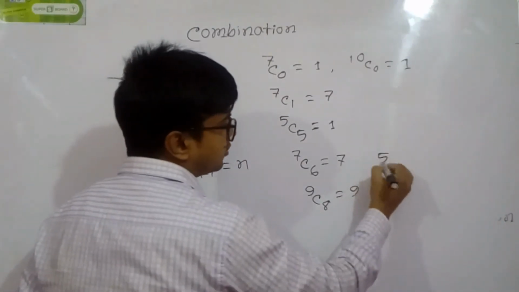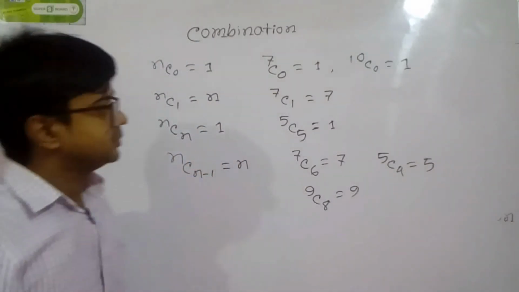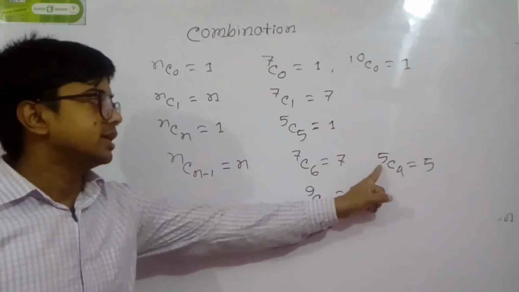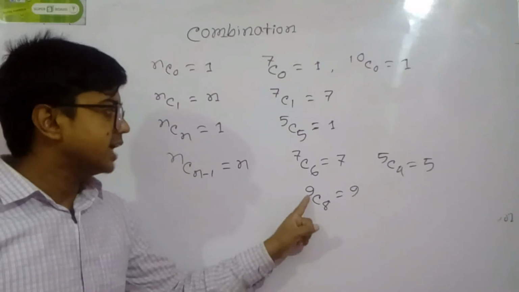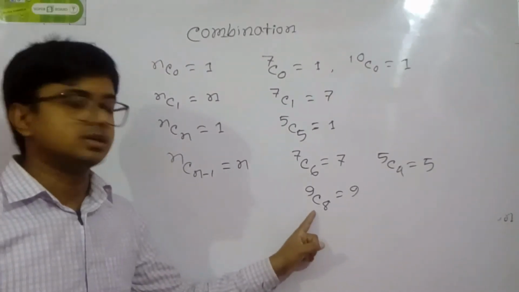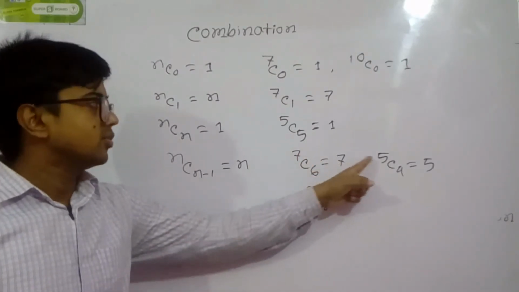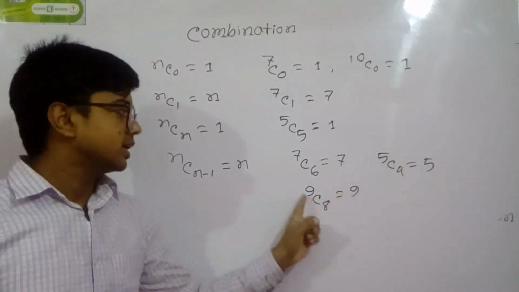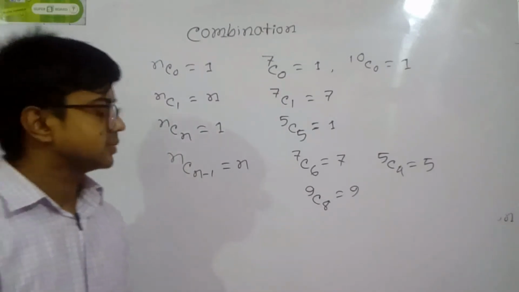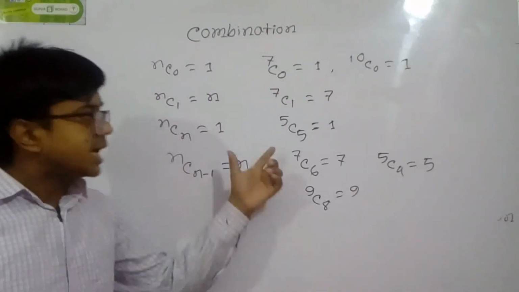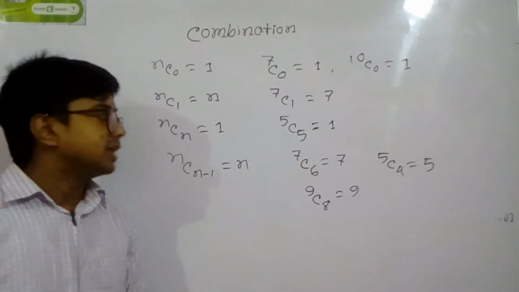Here 5C4, our answer will be 5. Their differences are all 1. So 7C6 equals 7, 5C4 equals 5, 9C8 equals 9. This type of formula is very important for our MCQ test and mathematical problems.